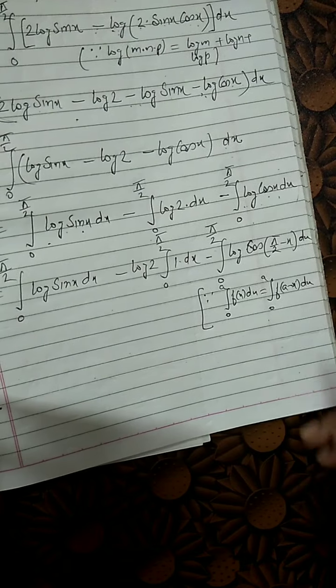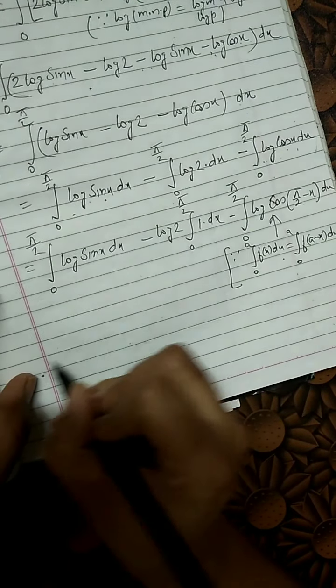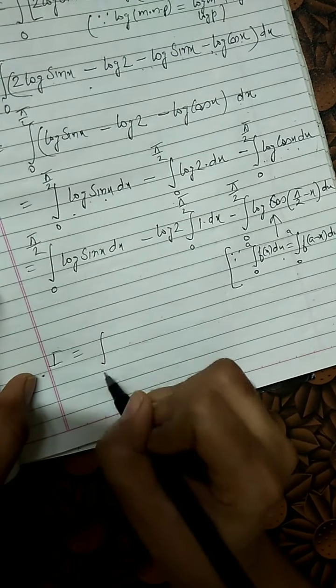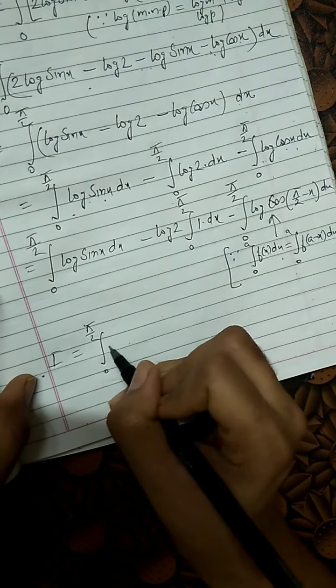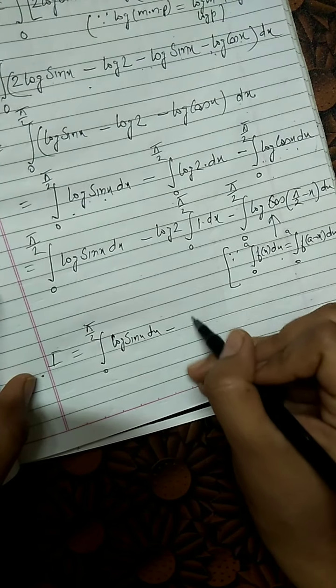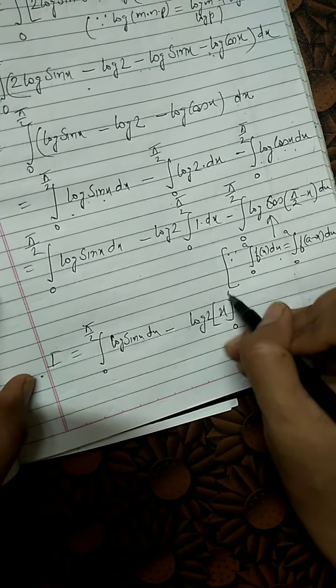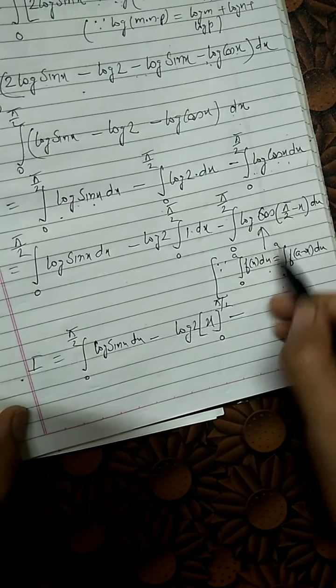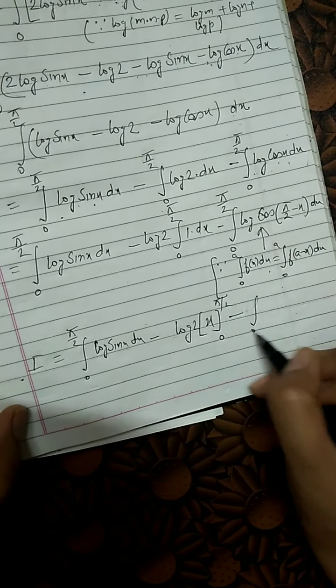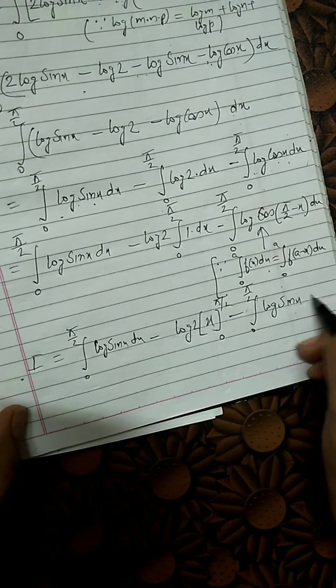So this property we are applying in this integral. Right? So our I is becoming equal to integral 0 to pi by 2 of log sin x dx minus log 2, here integration is x, the limits are 0 to pi by 2, minus this will become integral 0 to pi by 2 log sin x dx.